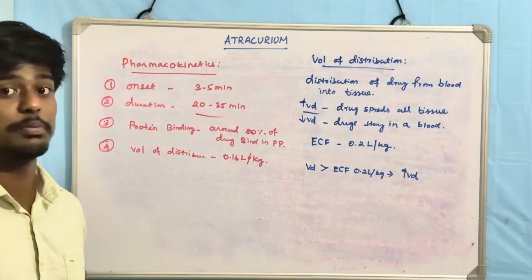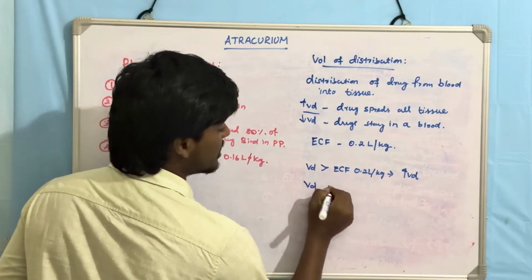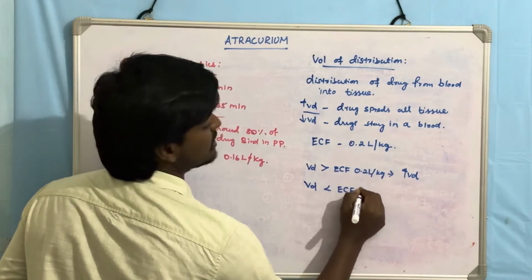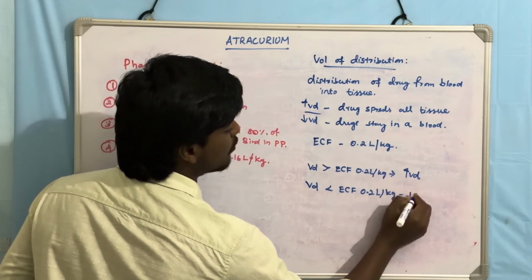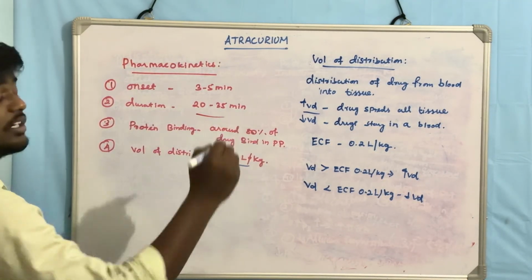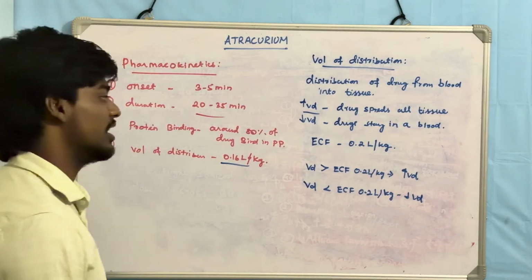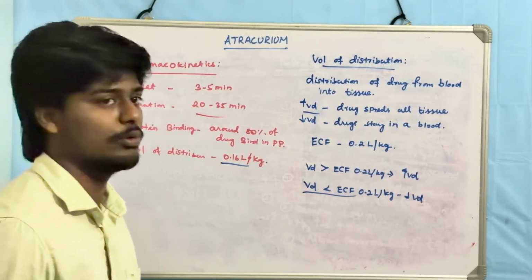That means the drug spreads all over the tissue. If the volume of distribution is less than the ECF value, it is decreased volume of distribution. Atracurium has 0.16 liter per kg, which is less than the ECF value of 0.2 liter per kg.